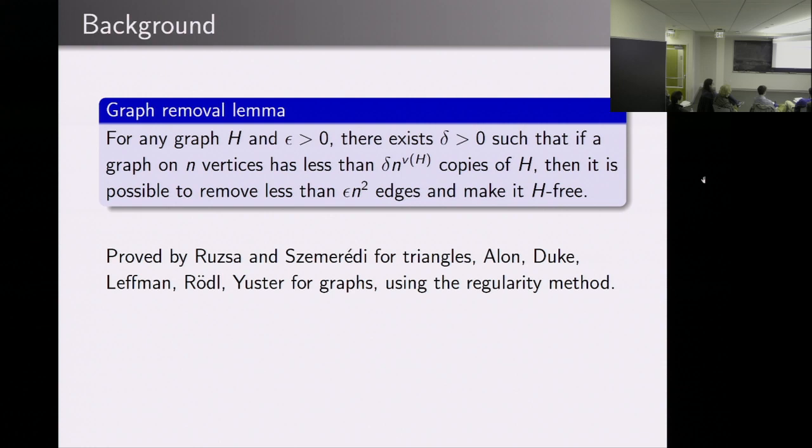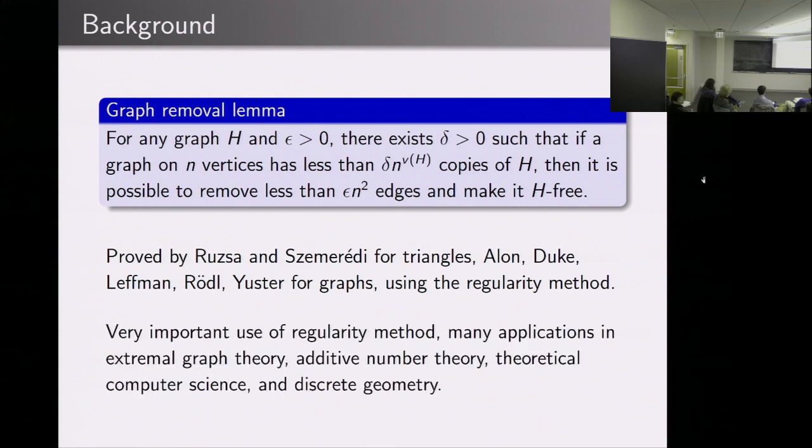The proof was basically using the regularity method. You apply the regularity lemma and use the counting lemma, and then prove it. I don't want to go into the proof. But this is a very important use of the regularity method, and it has many applications in extremal graph theory, additive number theory, theoretical computer science, and discrete geometry.